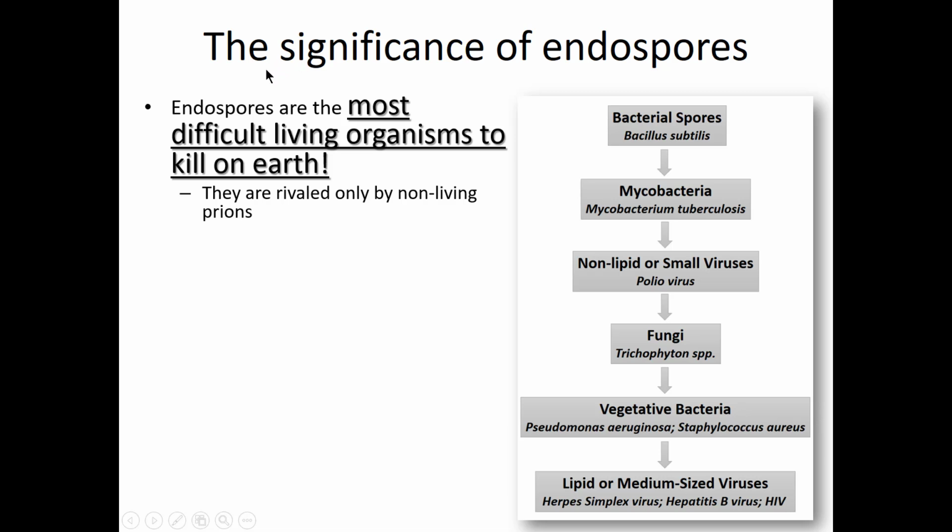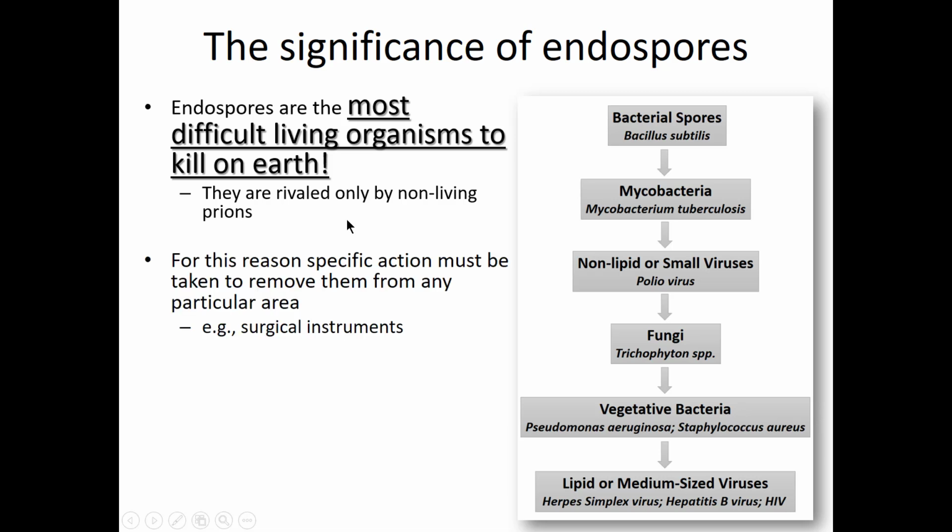Now, from a significance to humans, endospores are literally the most difficult living organisms to kill on Earth, or the most difficult living structures, the structures of a living thing. They are so difficult to kill that you actually have to take actions to a certain degree just to remove endospores.